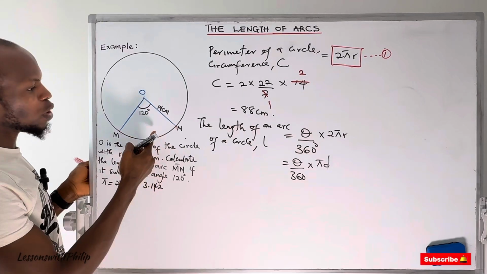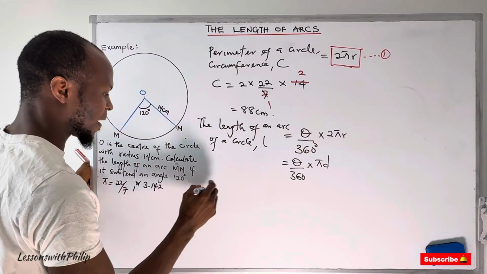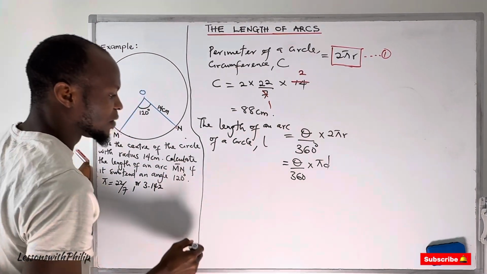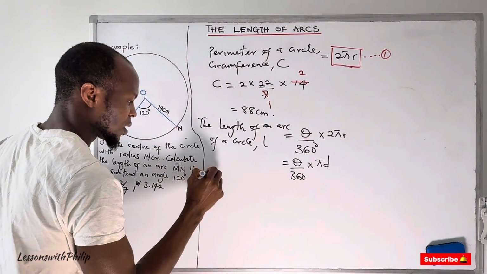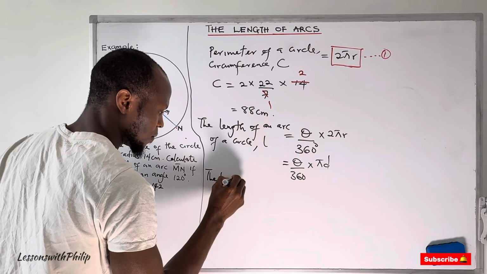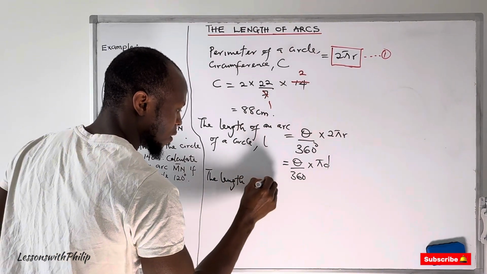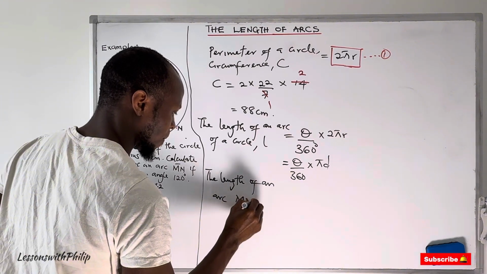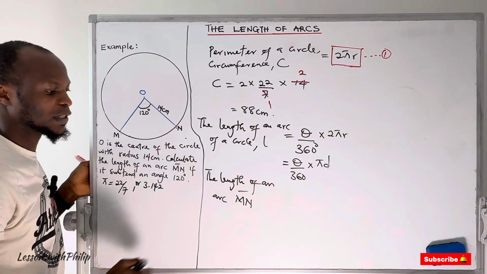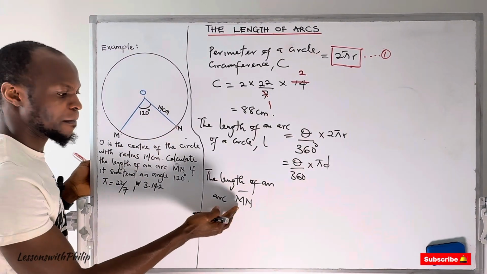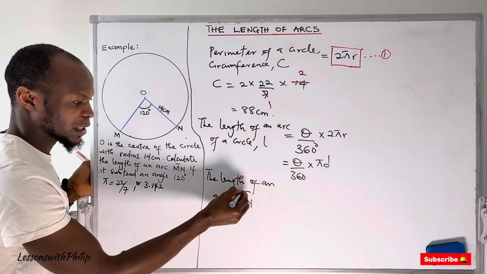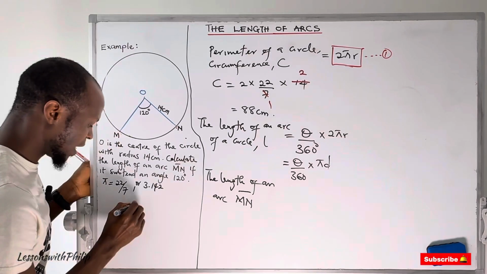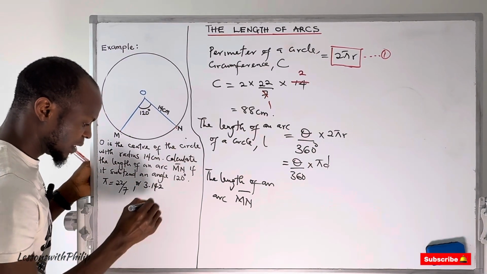Now, according to what we have to find, let me define this: the length of an arc MN. Don't forget, anytime you see a letter or letters having a bar on its head, this bar means line. They can write it like this. The line MN.